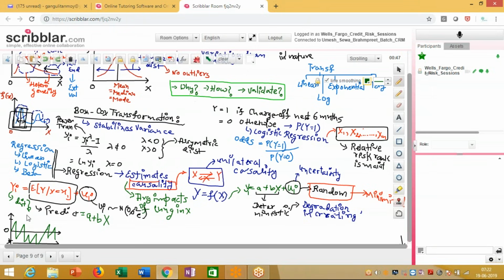Once I know the distribution of the dependent variable, only then can I decide upon the choice of the appropriate measure of model development.